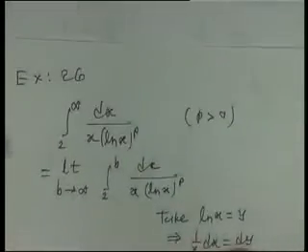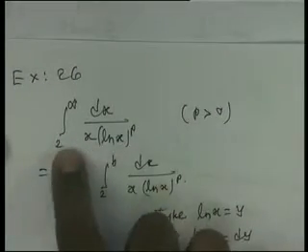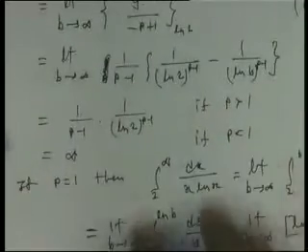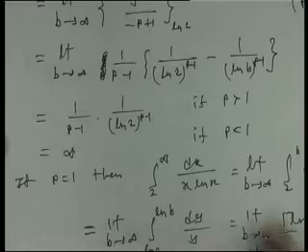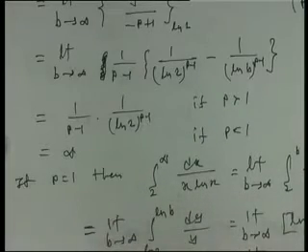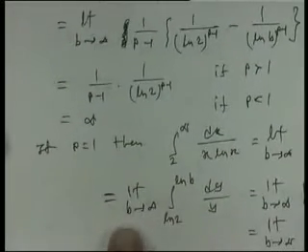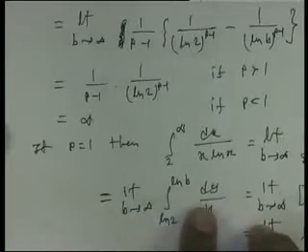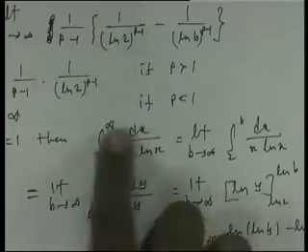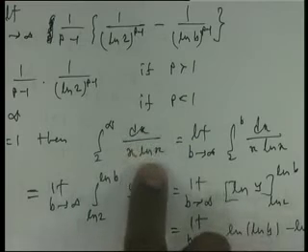Therefore, this integration from 2 to infinity dx upon x log x raised to p is convergent for p greater than 1 and divergent for p less than 1. Now, let us consider separately p equal to 1. When p is equal to 1, the integration looks like 2 to infinity dx upon x log x.